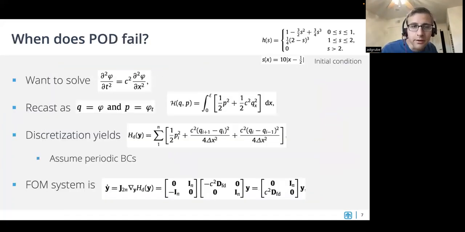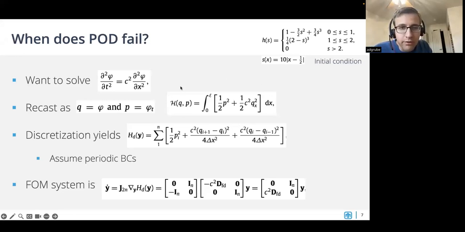To get started, let's look at a quick example. I'm going to take a very simple linear wave equation, and this has a really nice Hamiltonian form if I write position as the wave function and momentum as its derivative.